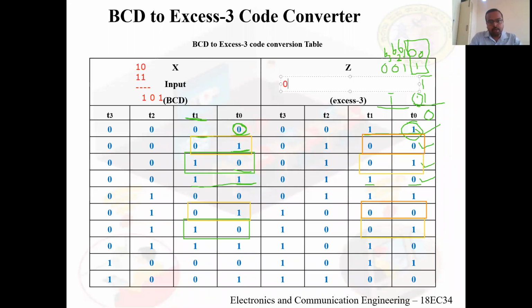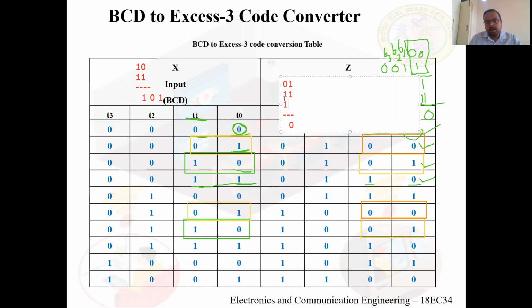Since it is 0 1, with this one you add 1. Now perform the addition of these numbers. 0 plus 0 will be 0. The carry will be 1, if I represent the carry as 1 here. Again 0 plus 1 will be 1. 1 plus 1 will be 0. Again the carry will be 1. So you get it here as 0 0 0 0.